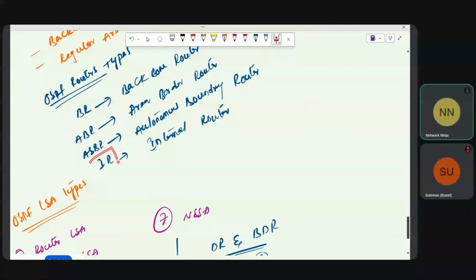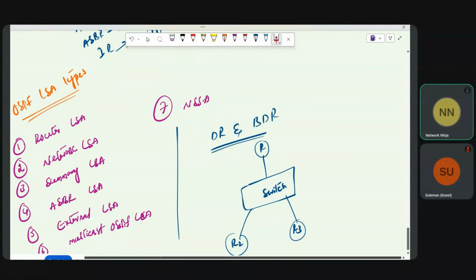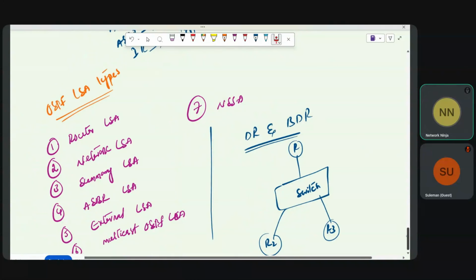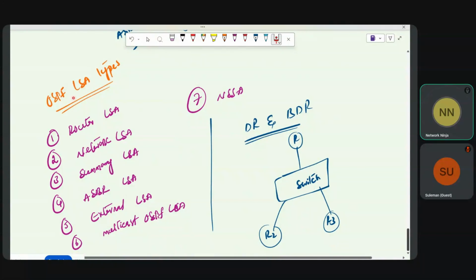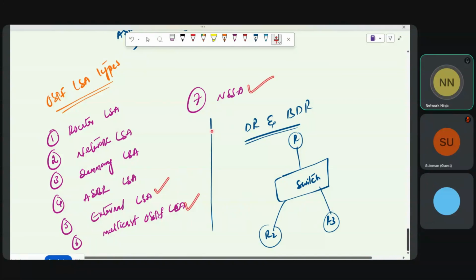And the IR stands for internal router, which belongs to a regular area. And in OSPF we have the LSAs. The very first, LSA 1, is the router LSA, then network LSA, summary LSA, ASBR summary LSA, external LSA, multicast OSPF LSA, and not-so-stubby area LSA.